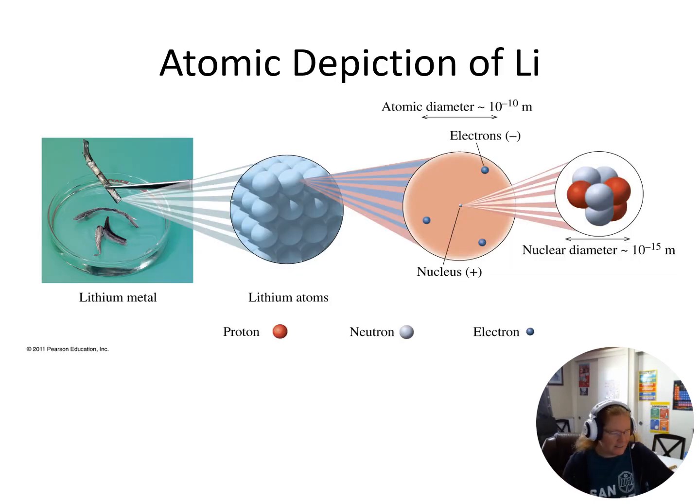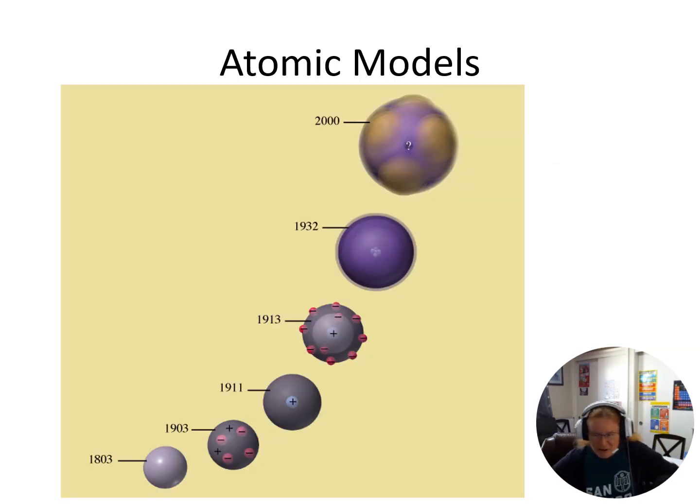And so we can think about how we look at something. We have a sample of our lithium metal, and our lithium metal then is made up of atoms, and those atoms are made up of our protons, our neutrons, and our electrons. Okay? And so we went from, in the early 1800s, an atom being just a sphere.